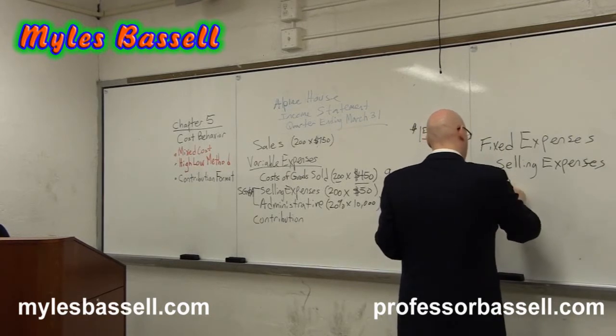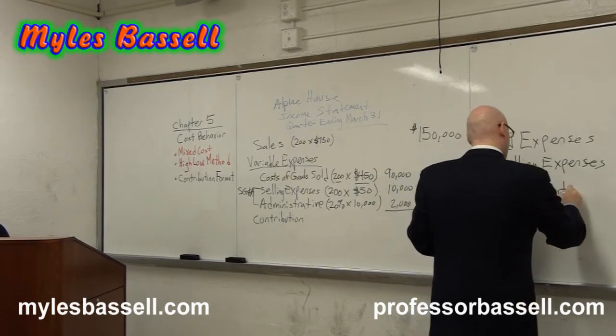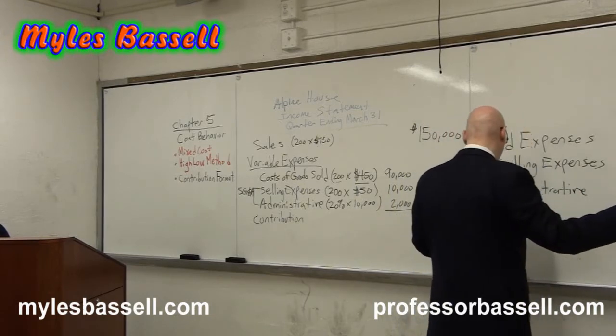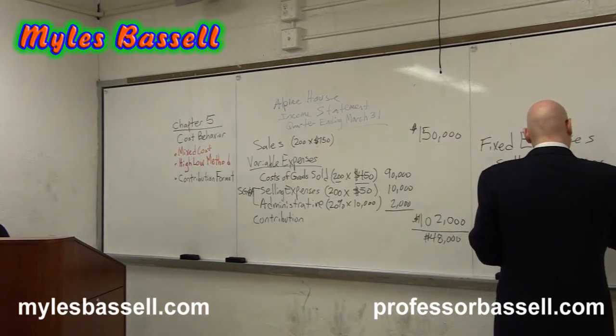All right, so we have the selling and we also have the administrative. Remember, they tell us it's 80-20. So in this case, the fixed portion of the administrative expenses is 80%.